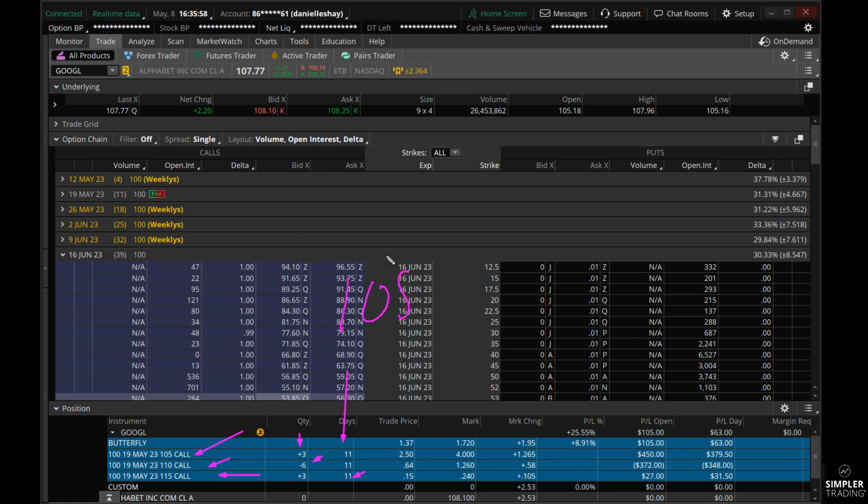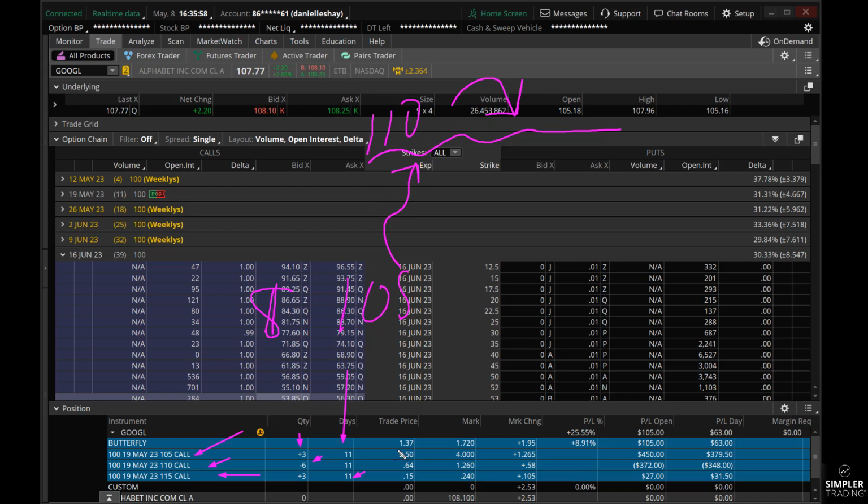So with that 105 long, you really want the price to get as close as you can get it up to the 110 short. And if you can do that, then you can make money on the 105 call. And if it stays below 110, then you get theta decay on the 110.